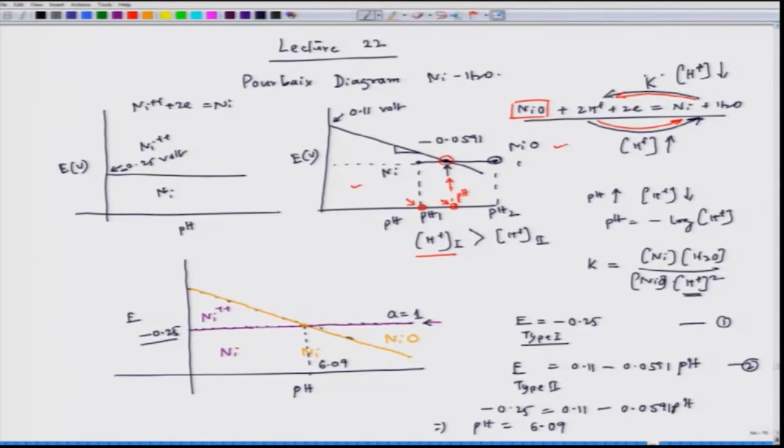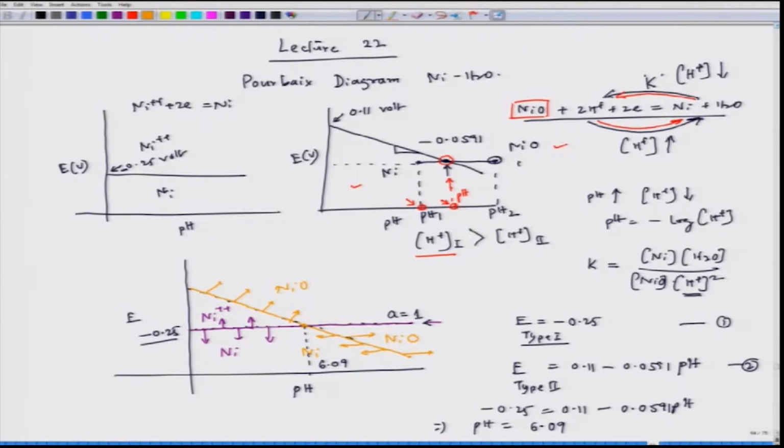We know the region left of this is Ni, right of this is NiO, below this is Ni, above this is Ni plus plus. So, right of this is NiO.